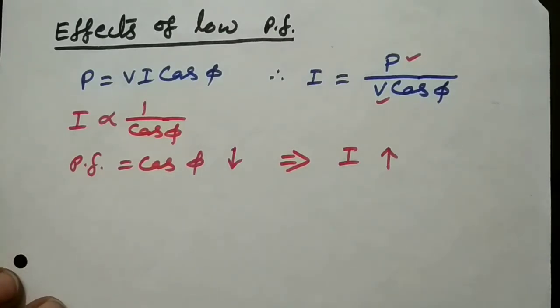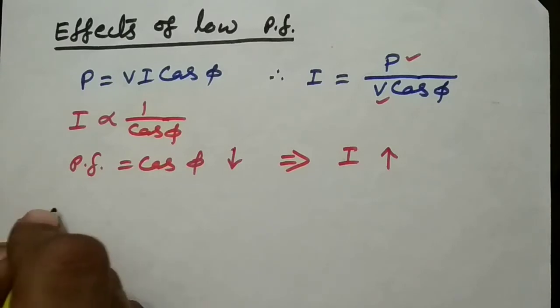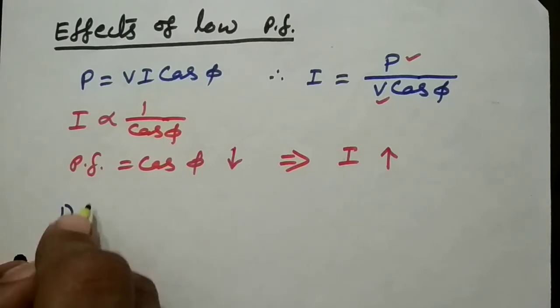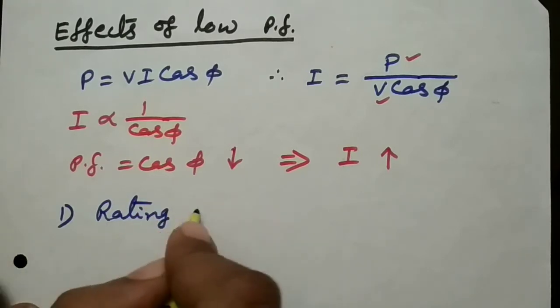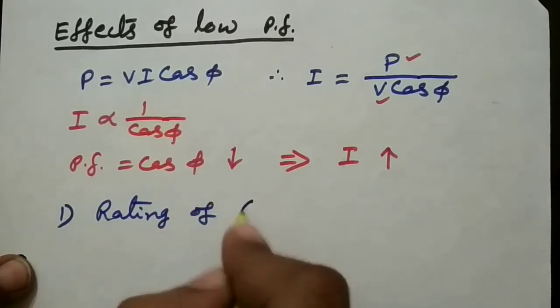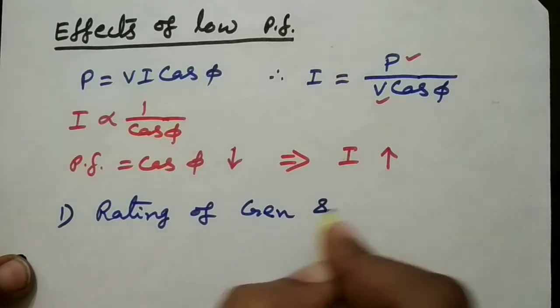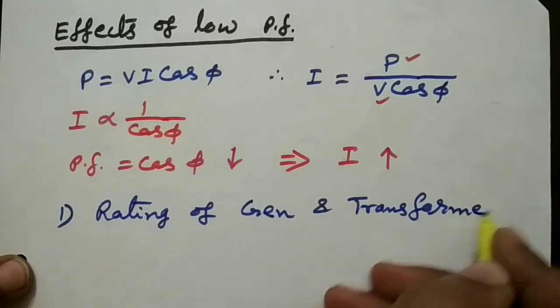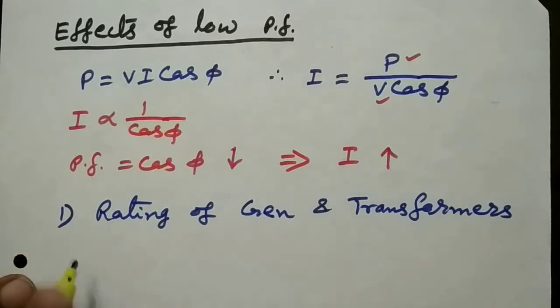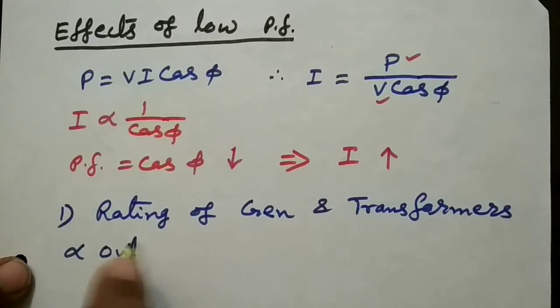So if the power factor is low and the current is high, then the first effect will be that the rating of the generator and transformer is proportional to output current.